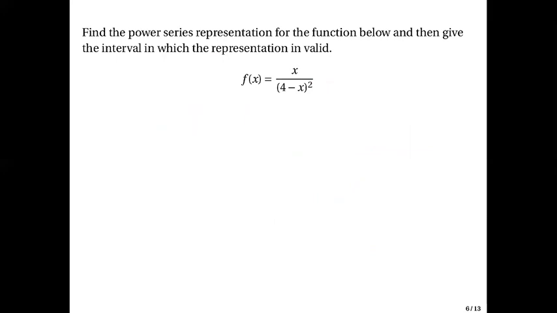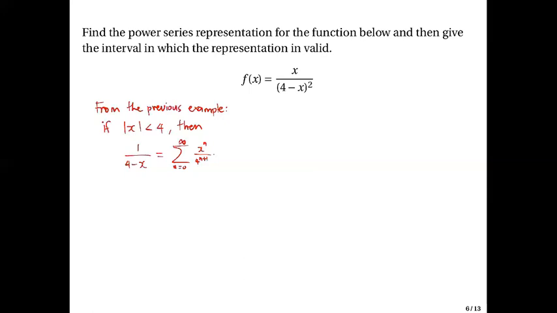So from the previous example, we have the following. If the absolute value of x is less than 4, then we have 1 over 4 minus x equal to the series x to the n over 4 raised to n plus 1, from 0 to plus infinity.